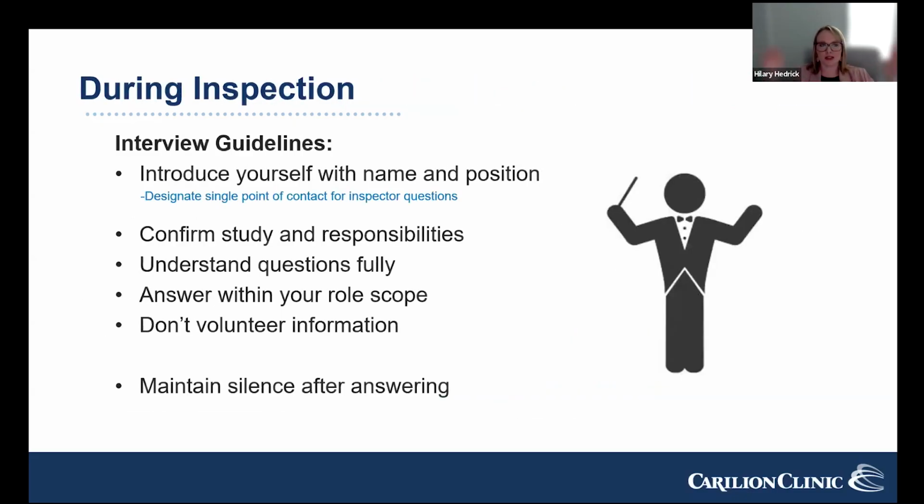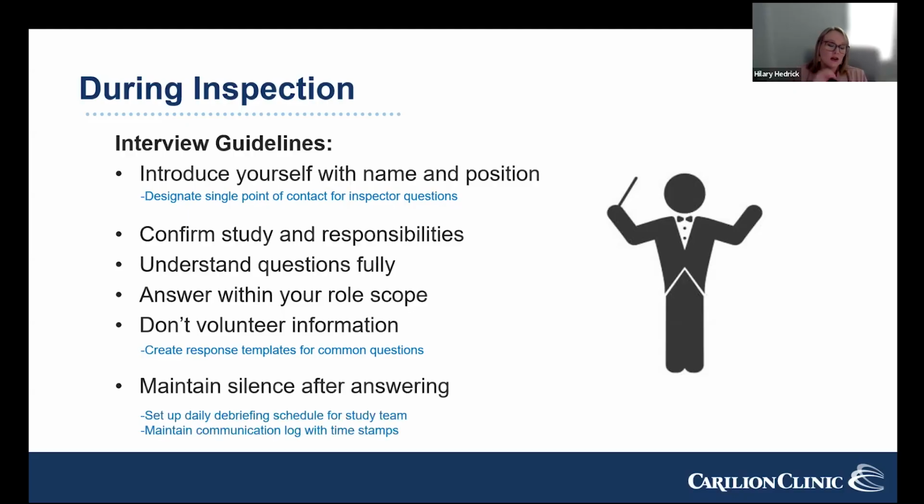So I put a conductor on this slide because even during the inspection, remember that your study team and the person assisting the auditor, you are the conductor. You are the one that provides the notes, the information, and answers their questions. Make sure that you are only answering the questions that are asked of you. There are FDA audit questions that are accessible all over.